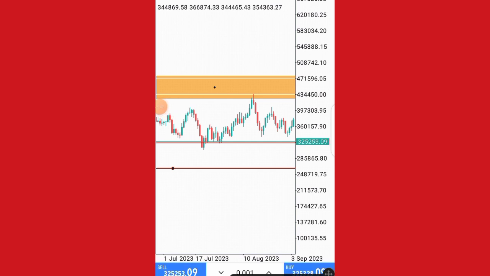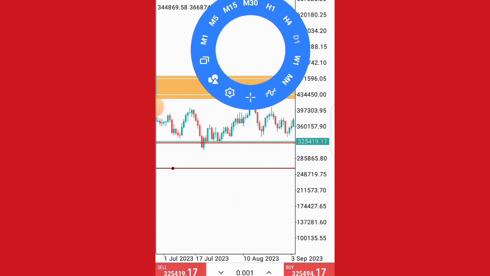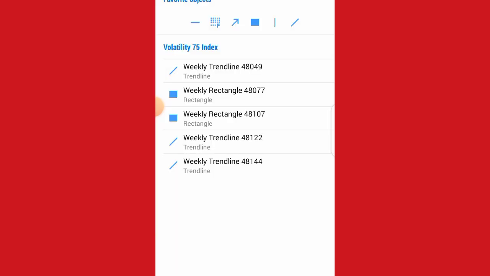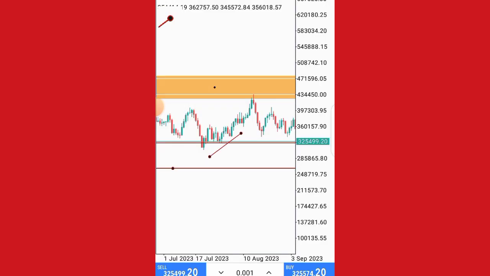Look at something here. Price was moving from here to the upside. Look at how it was moving. When we switch to the 4-hour time frame, I will show you something. Let me draw a line here, so we will actually use that line.